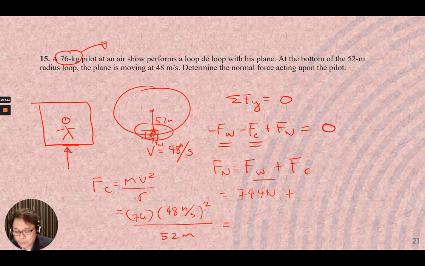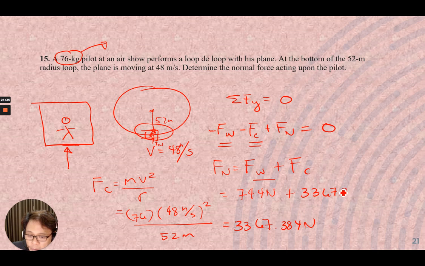Okay, so 76 times 48 squared, then divide by 52. We get 3,367.384 newtons.